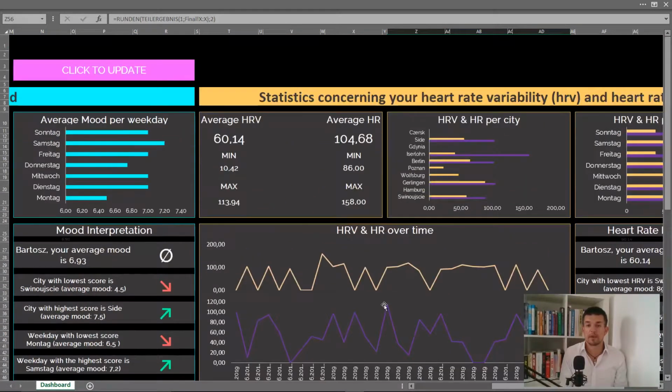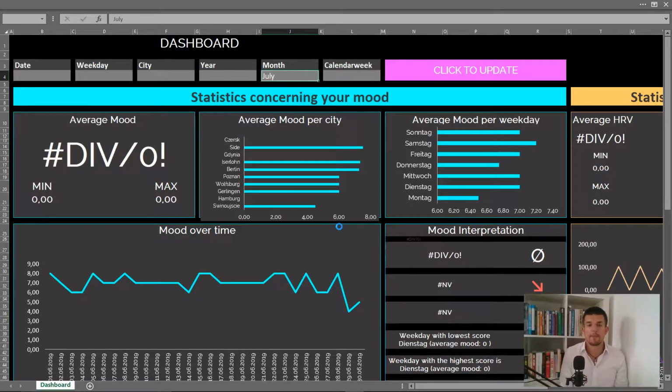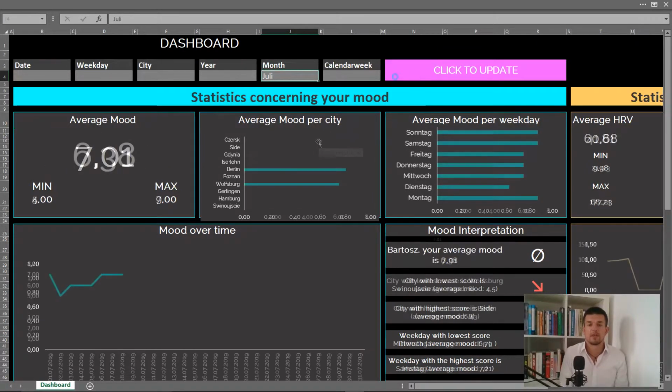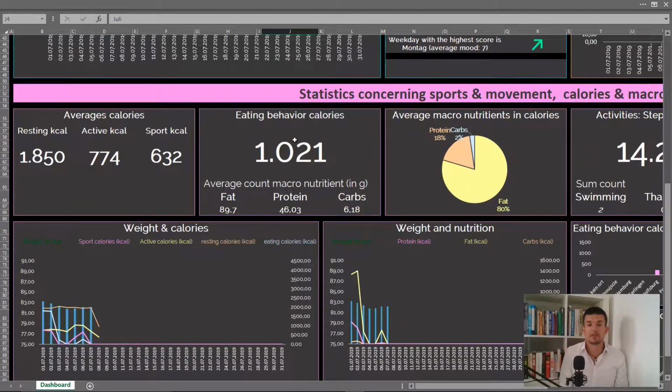And the same goes now for July. So let's take a look at July. This is because it's English, so what we have to do is write it in German. What we see right now is that sports activity is still high.